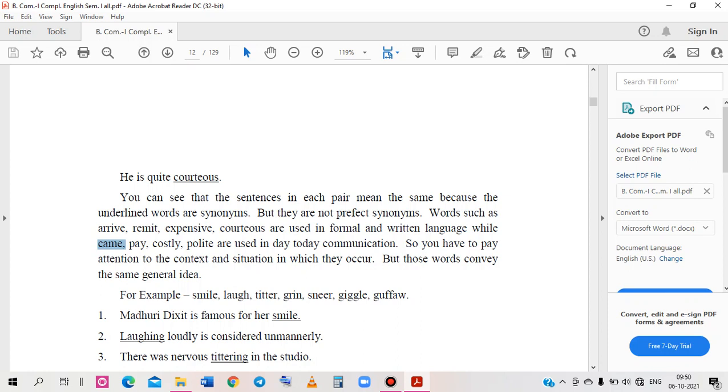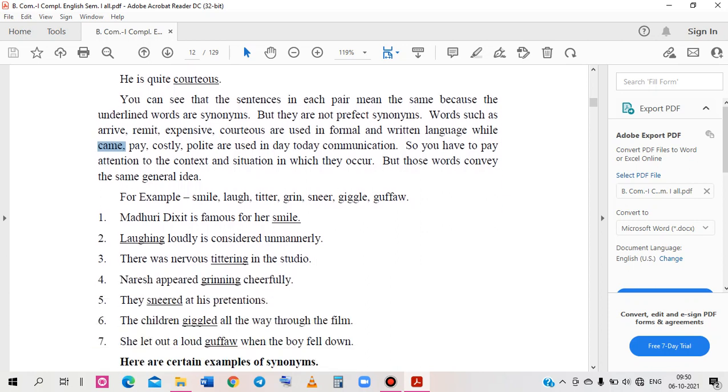But those words convey the same general meaning. For example, smile, laugh, titter, grin, sneer, giggle, guffaw. These are synonyms, but they are used in certain situations. Means they are used in a certain context.